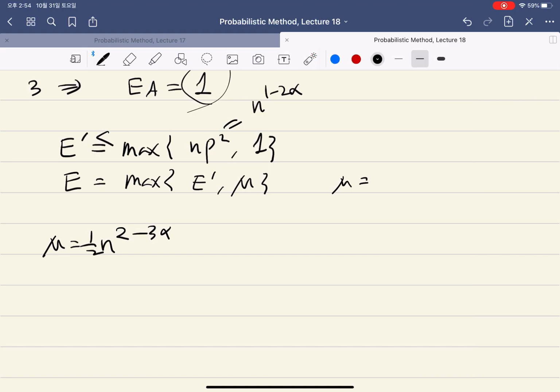So we have to compare whether this is bigger or this is bigger. But we know that this is actually bigger than np square.